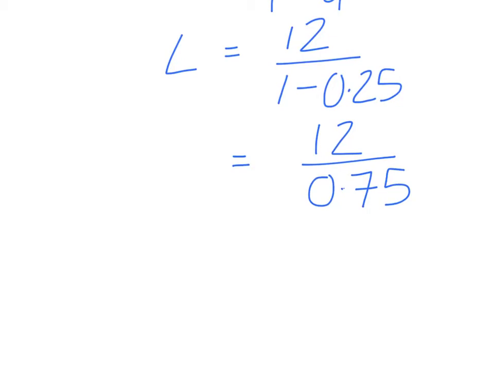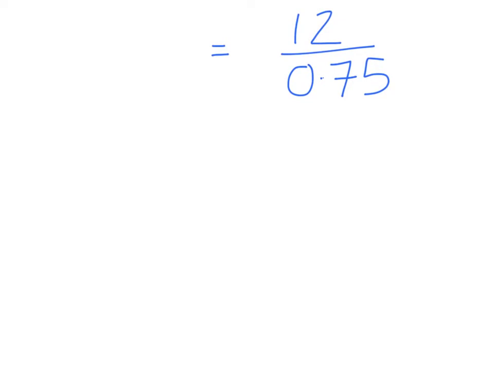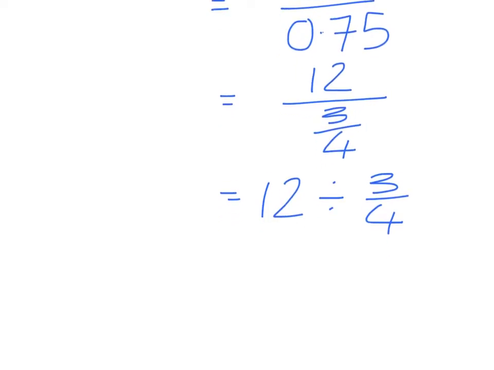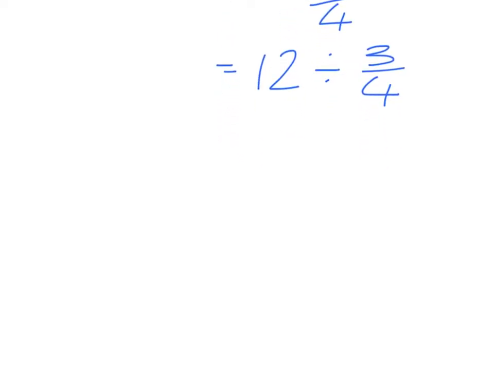So the challenge at this point is how to do 12 divided by 0.75 without a calculator. Now there is a few different ways of doing it. What we'll think about is 0.75 as a fraction. 0.75 is 3/4. So what we actually have here is 12 divided by 3/4. To do this, we change it to a multiplication and flip the fraction upside down.